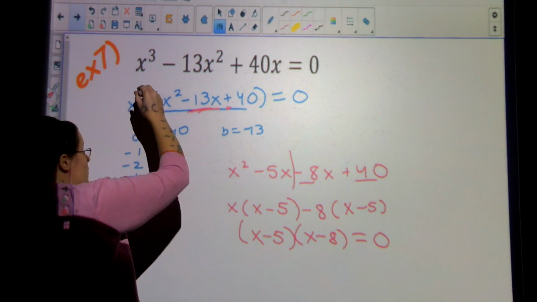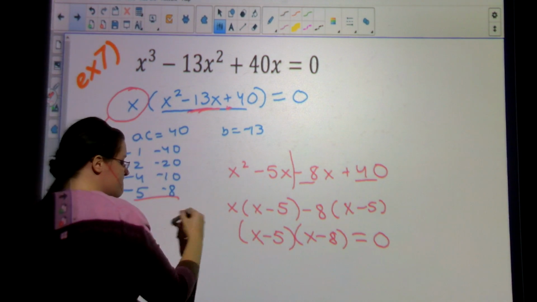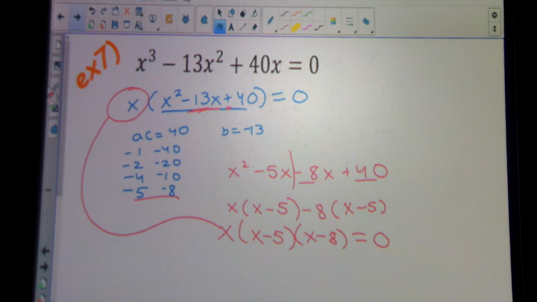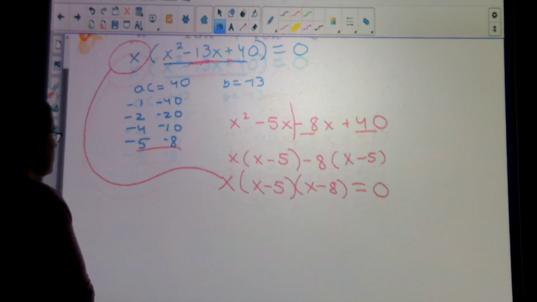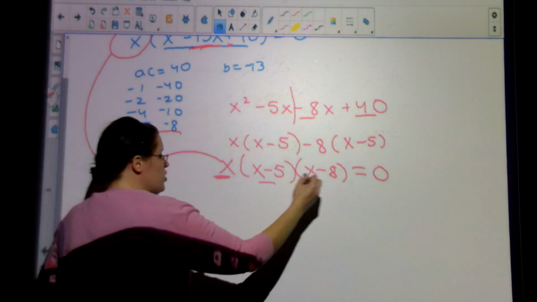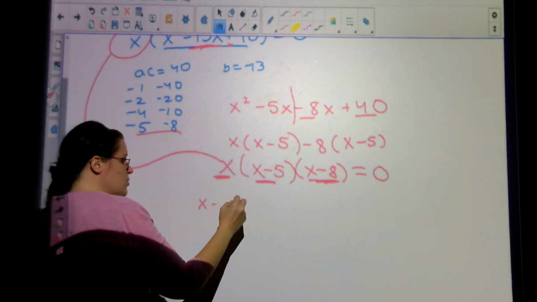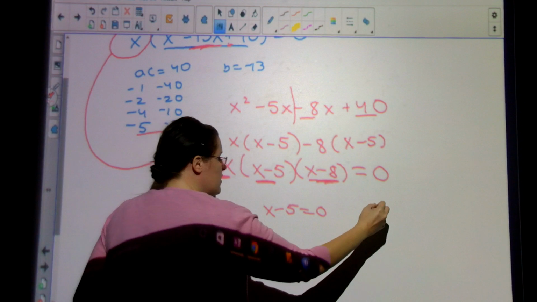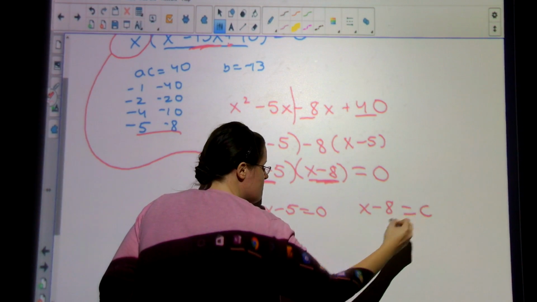Now here's where, don't forget, this right here. It's still there. It's still a term. So when I go to solve this, set each term equal to 0. X equals 0 from this one. X minus 5 equals 0. X minus 8 equals 0.